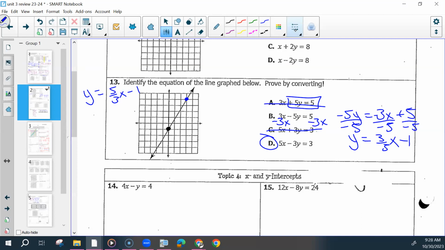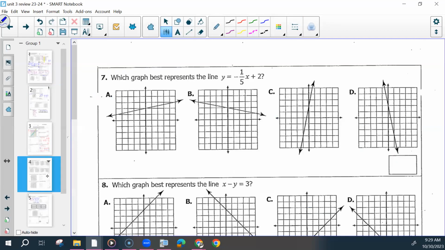And then not the next page, but the back of the next page. Questions 7 through 10, do we have questions on any of those? Or on the next page, number 14.